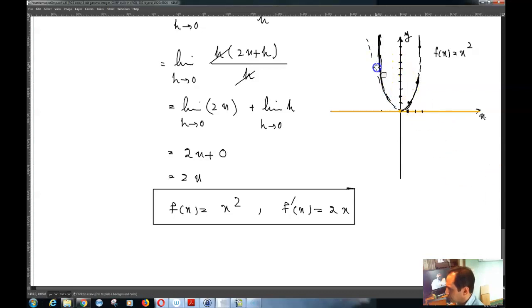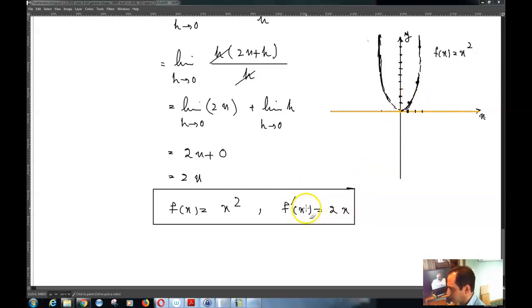Now what happens is that, for example, at this point x is equal to 1, you see that the value of the derivative of the function is 2.